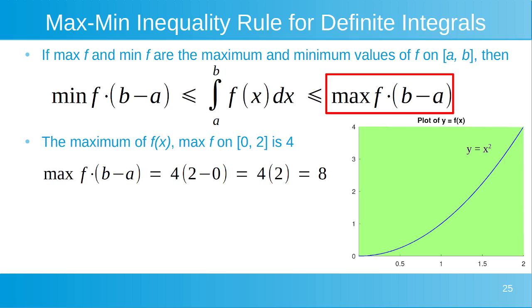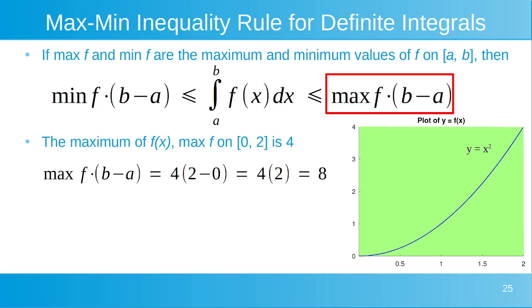So this max f times b minus a value gives us the area of the shaded rectangle, shown here on the right hand side, shaded in green. This rectangle's height is equal to the maximum of our function, 4, and its width is equal to the length of our interval, 2.